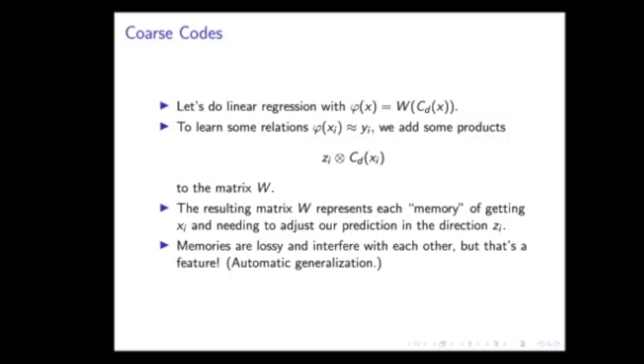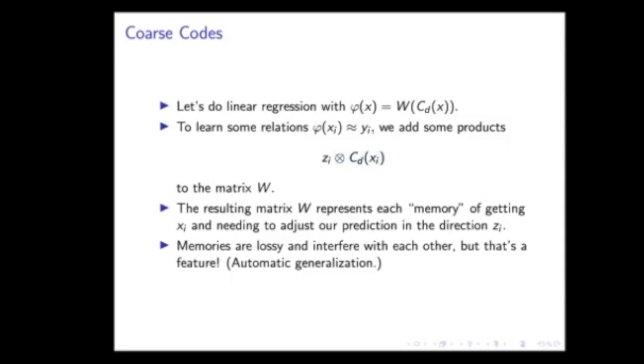Can you explain the generalization again? Why does what you say not happen without the coarse code? Sure. If I use the local code here, what would happen is that adding this product to the matrix W would only influence the model when its input is very close to this.